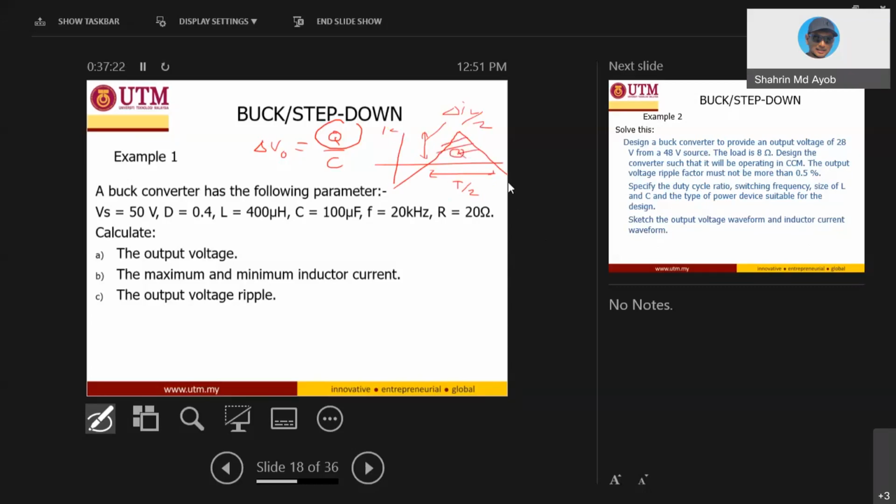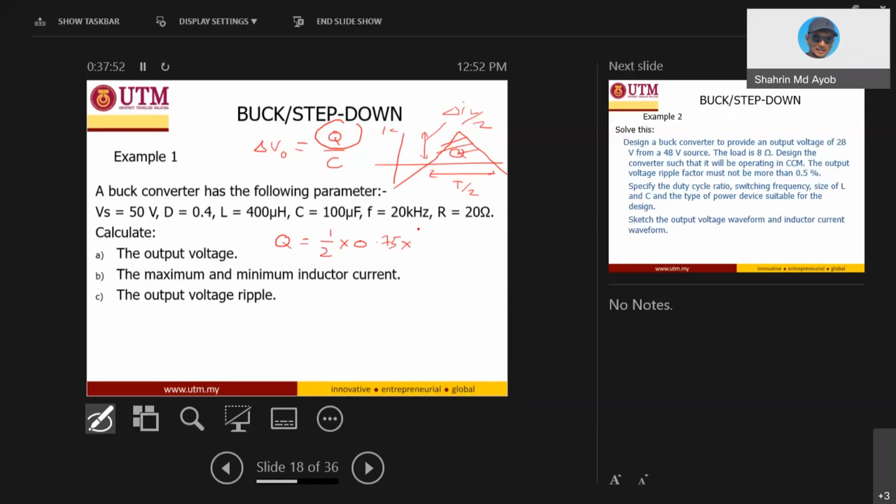So this is your Q. Okay, so your Q is 1 over 2 multiply with the height, which is delta IL over 2. Delta IL you have already obtained, which is 1.5, right? So 1.5 over 2 is 0.75. Multiply with the half period. The frequency is 20 kilohertz. So you need to convert into time.